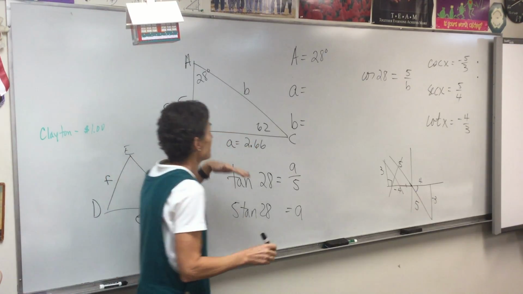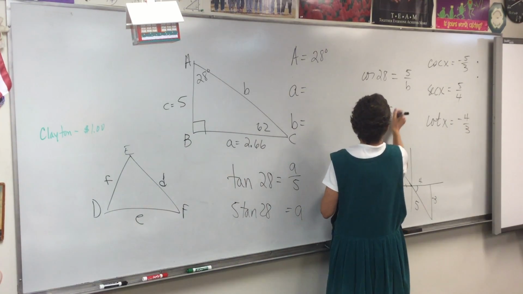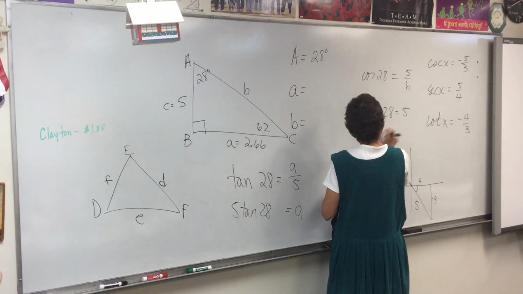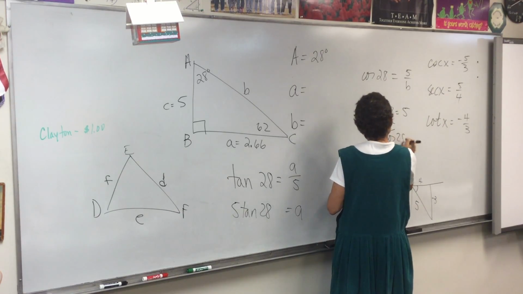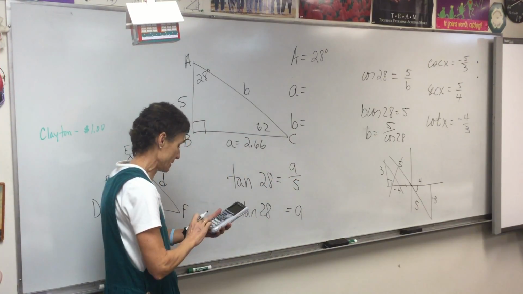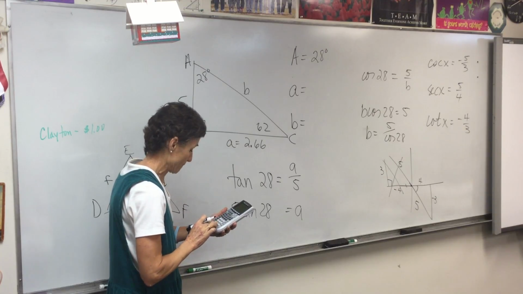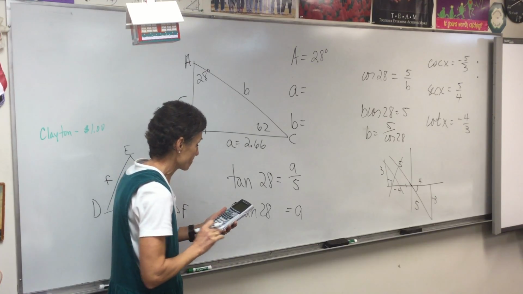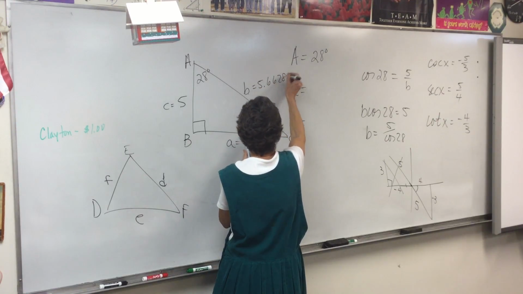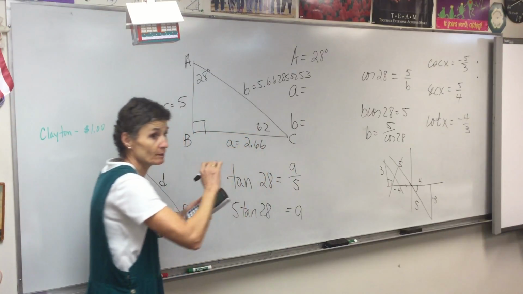So B cosine 28 equals 5, and B equals 5 over cosine 28. So I'm going to do that. Those of you that did the Pythagorean theorem, we're going to match exactly because you didn't do any rounding off. 5.66285023 is what you should have no matter how you did the problem.